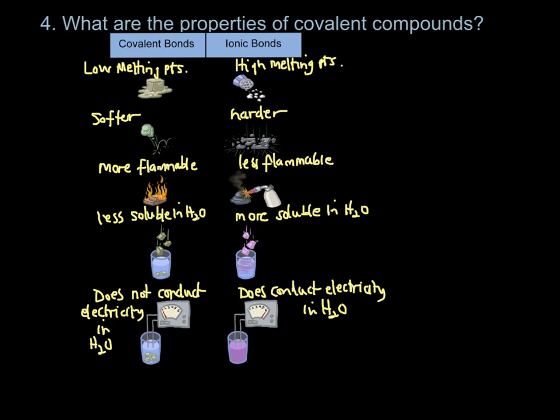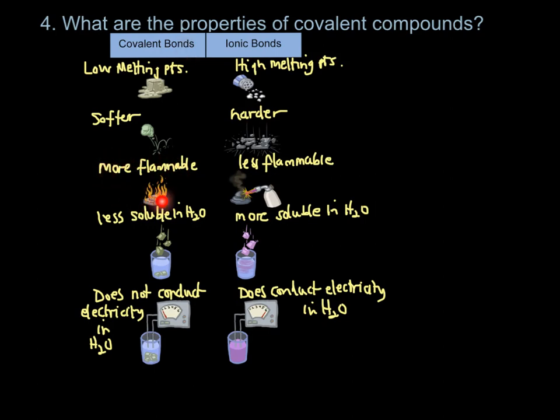And last but not least, let's talk about the properties of covalent compounds. And we're going to compare them to the properties of ionic compounds that we talked about already. Covalent compounds tend to have lower melting points, whereas ionic would have higher melting points. They tend to be softer, whereas ionic compounds tend to be harder and more brittle.